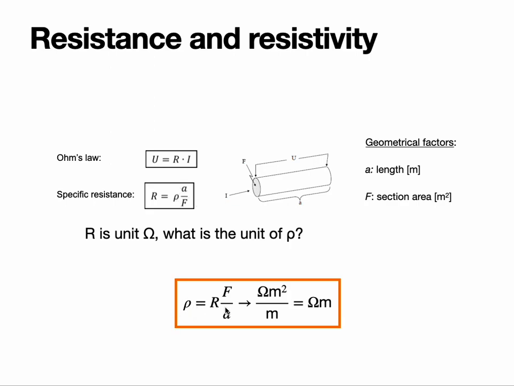So rho is R times F divided by A. The unit of R is ohm, the unit of F is meter square, and the unit of A is meter. So this makes something in unit ohm times meters. So that's rho, the resistivity has unit ohm times meters.